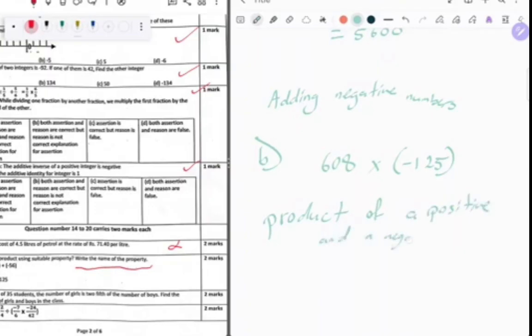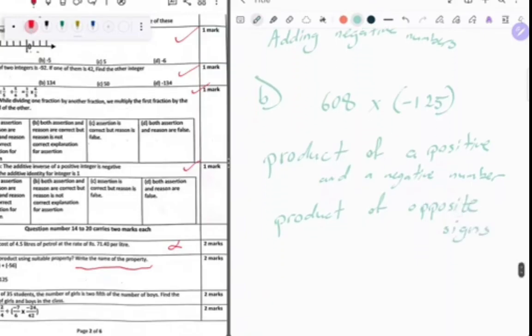The product of a positive and a negative number, or the product of opposite signs. Product of opposite signs, regardless of the number in the end.